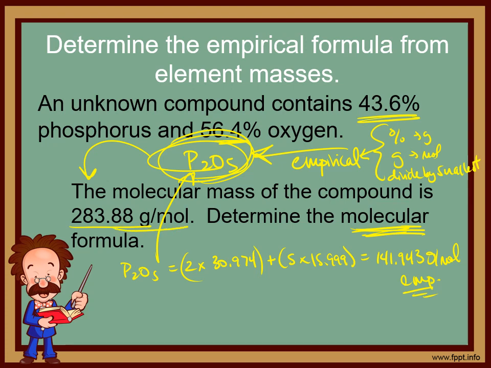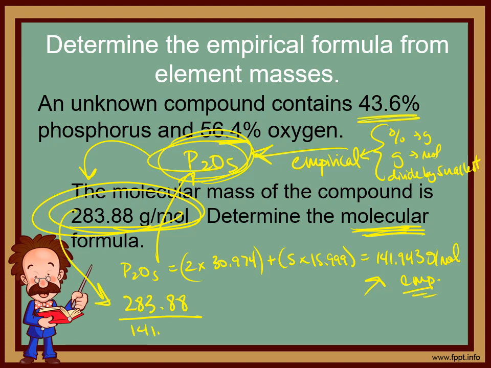Now I'm going to take the mass of the molecular formula, 283.88, and divide it by the empirical formula's mass, 141.943, to find our scale factor. 283.88 divided by 141.943 equals 2.